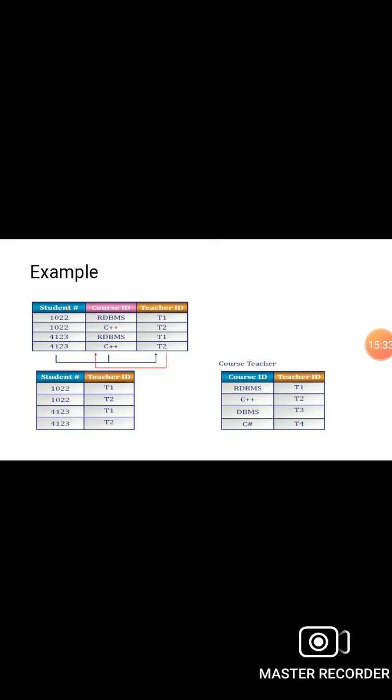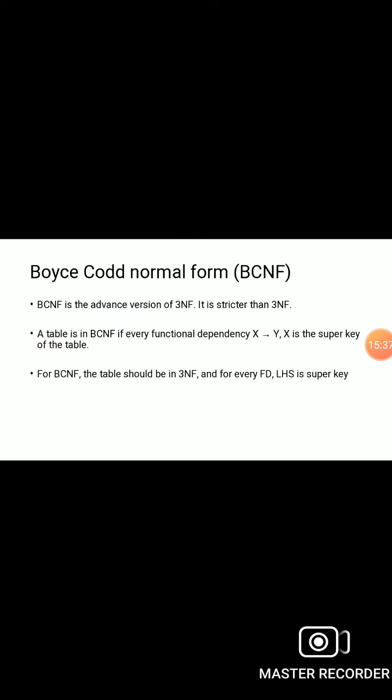These are all the normal forms to avoid redundancy, as per single value dependency and multi-value dependency. As per the user requirement, we can use any normal form within the database.